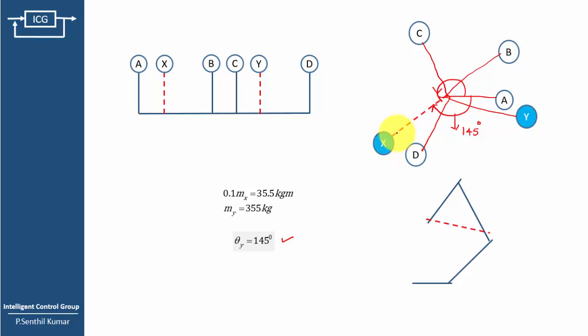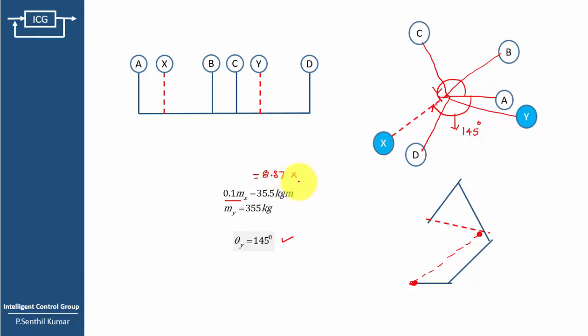Now what is the magnitude? For that, to calculate that magnitude, you just measure this distance. When you measure that distance, you will get 0.1 mx, this distance. When you measure this distance, you will get 8.87.